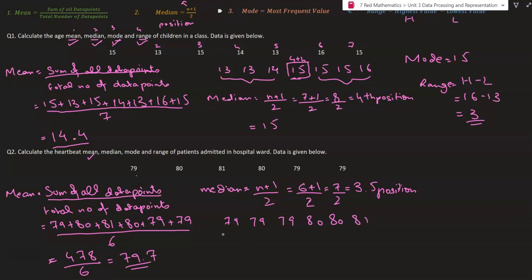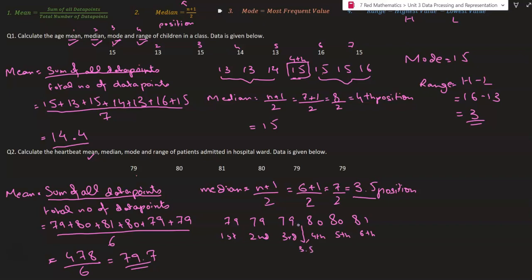And so this is the first position, this is the second, the third, the fourth, fifth, and sixth. And as you can see, there is no 3.5 position. So the 3.5 position will lie between 3 and 4. So it will be somewhere here.